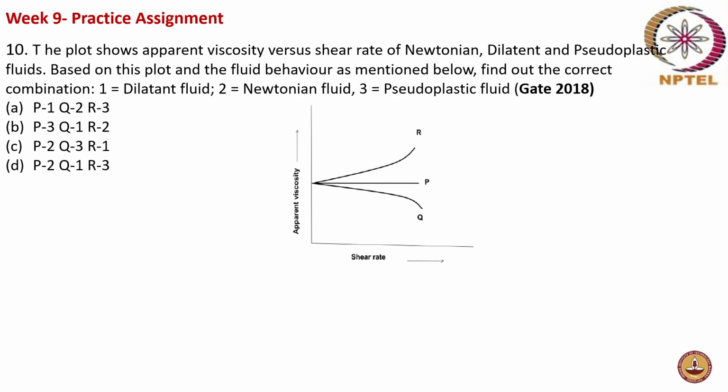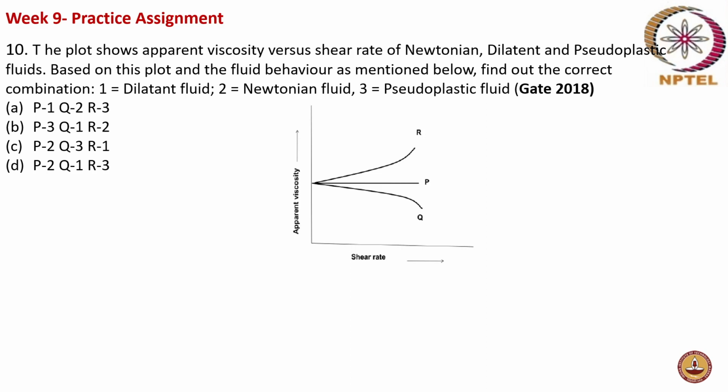So one answer is right. P is Newtonian fluid because viscosity is constant with shear rate. That is Newton's law of viscosity: stress is proportional to shear rate, and the constant is the apparent viscosity, which is constant for a Newtonian fluid.